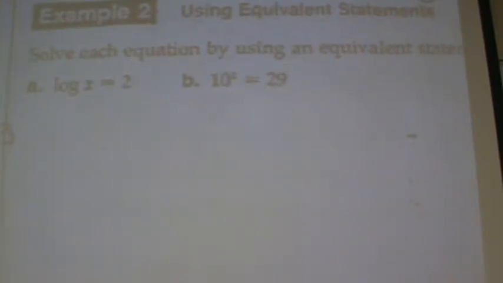Next, go back to the front page. Example 2. All right, now, how do you solve these ones? Well, whatever form it's in, you change it. So this is in log form, change it to exponential. How do you rewrite this in exponential?